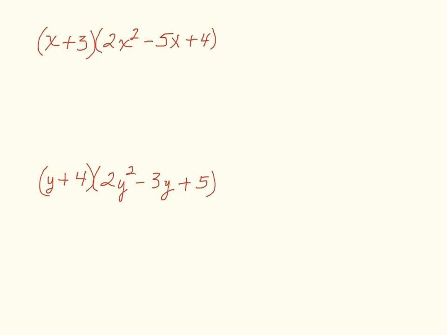Now we have a binomial times a trinomial. So what do you think we're going to do? We're going to multiply x times everything in the second one, in the trinomial, and then 3 times everything in the trinomial. Okay?